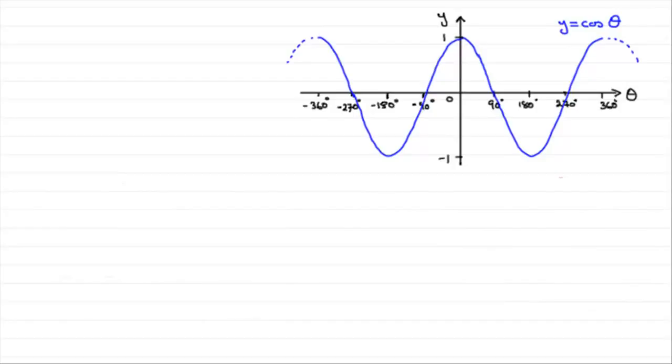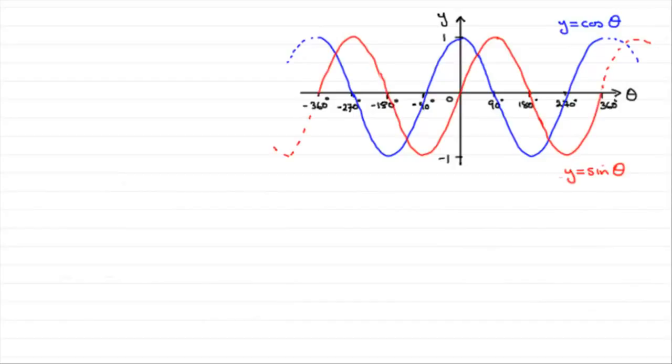Now it's well worth comparing the two graphs of y equals cos theta and y equals sine theta. They both have exactly the same wave pattern. They have what is called a period of 360 degrees. That is, they repeat every 360 degrees.